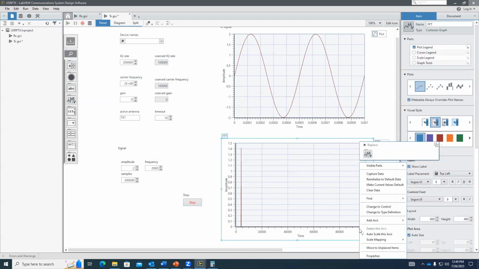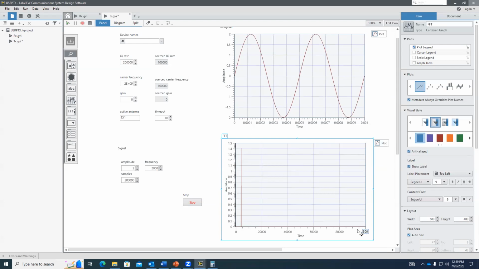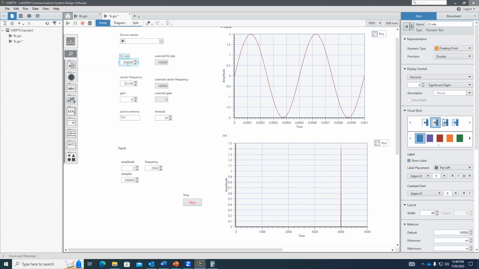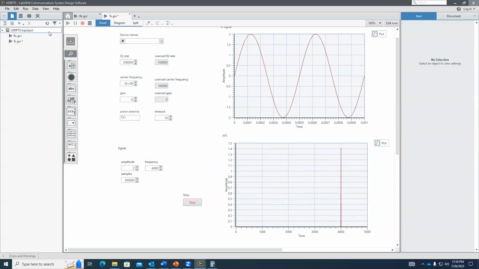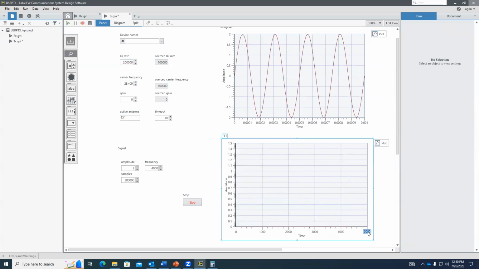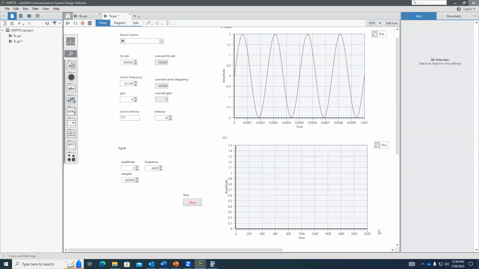At the moment, it is making a multiple. I don't have my device connected, so that's why it's making a problem.